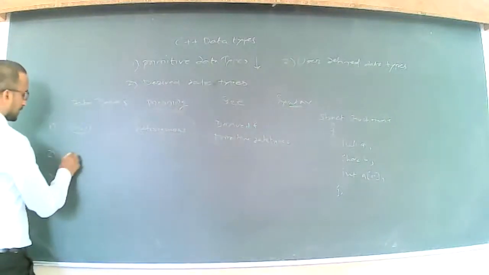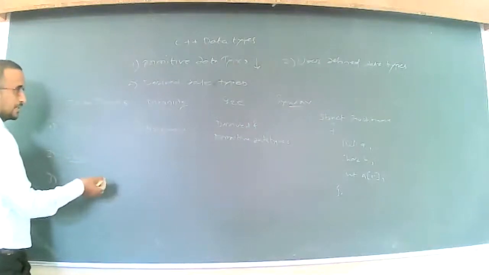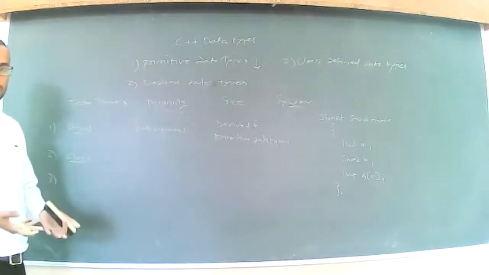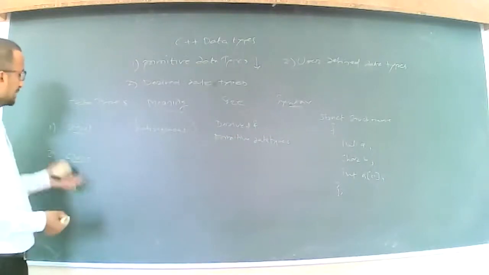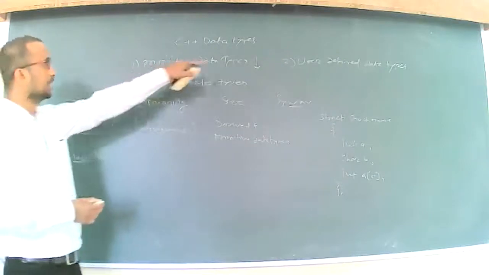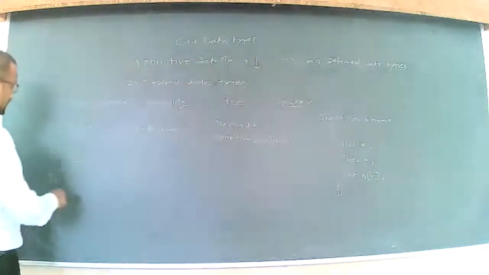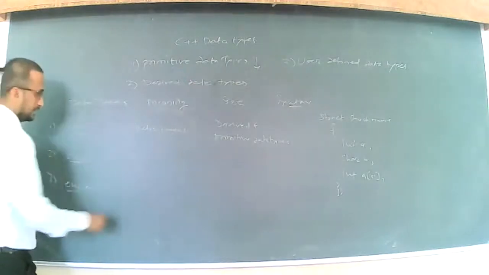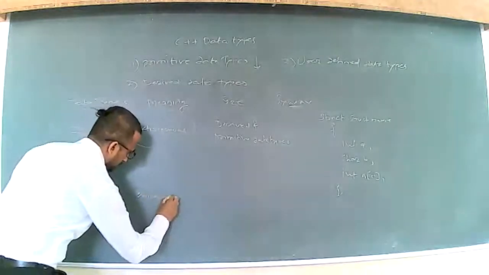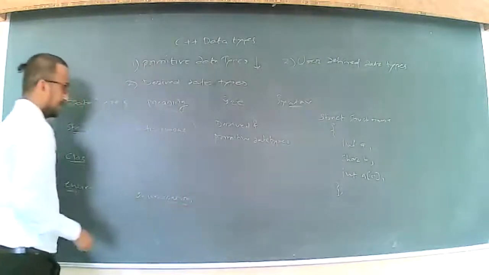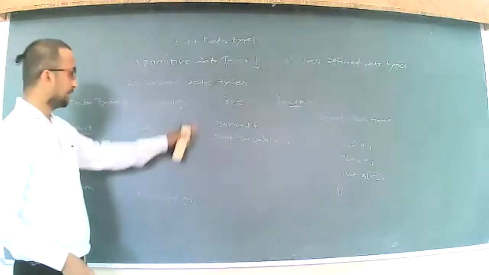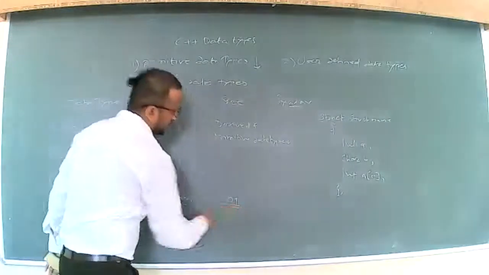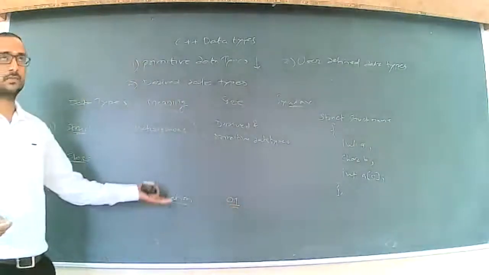We also have class. We all know that a class is nothing but a collection of different types of methods and different types of data variables, right? So the class is also a user defined data type. Then enum is there. The meaning of enum is enumeration. The size of enum, I think, is one element.